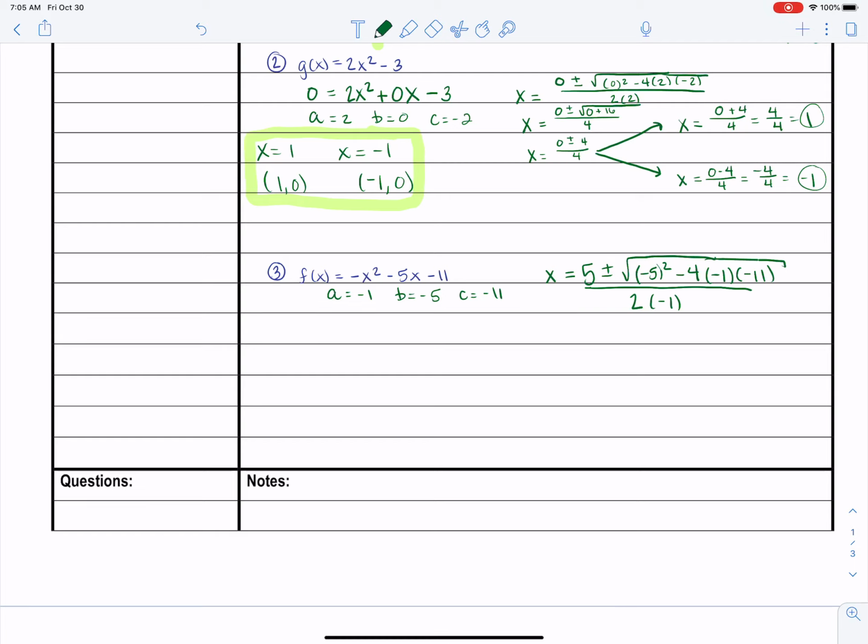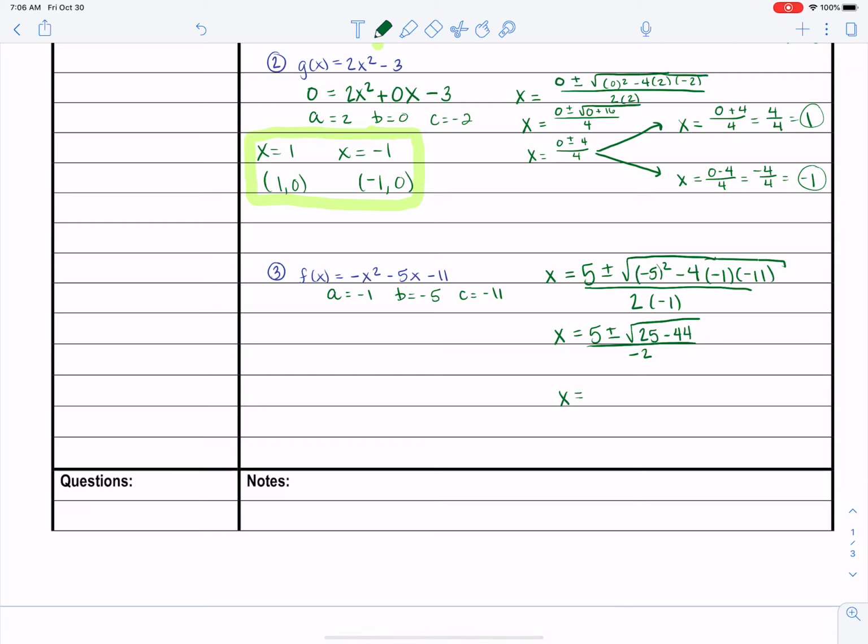All right, so we've got x equals 5 plus or minus the square root. Negative 5 squared, negative 5 times negative 5 is positive 25. Negative 4 times negative 1 times negative 11 is negative 44. All over negative 2.